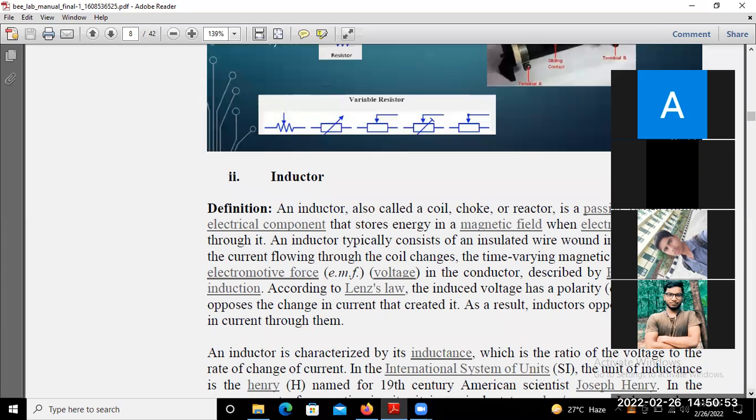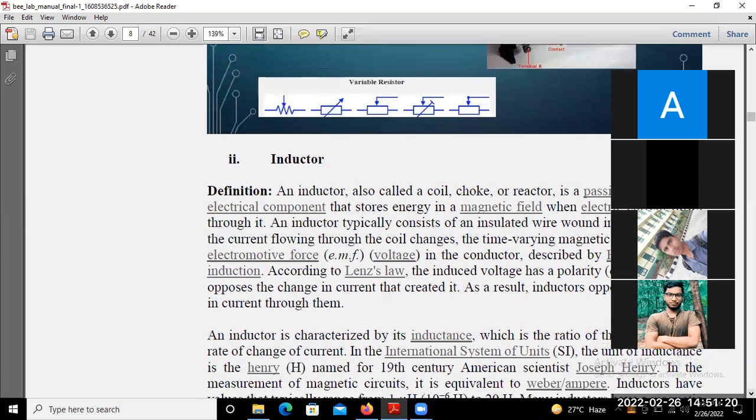Energy can be stored in the magnetic field and EMF will be induced due to Faraday's law of electromagnetic induction. That EMF will always oppose the change. That means the current flowing in that coil and the induced EMF direction are opposite, according to Lenz's law. I think all of you are familiar with the basic function.